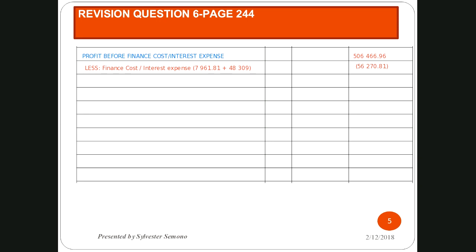So we just have to say the profit before interest less interest. So you just have to say 506,466.96 less this one. How much do you get?